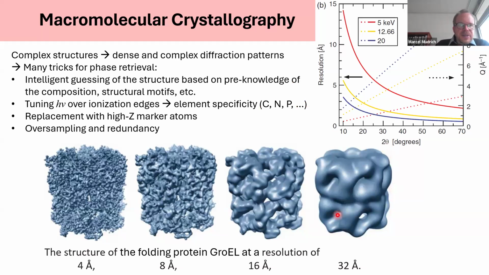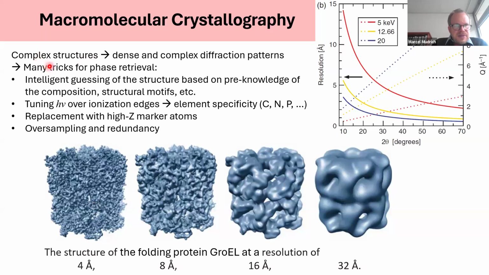Yeah, then for these complex structures like proteins, some parts of the protein have a regular structure, but the overall distribution is certainly not like a monocrystal. Then this produces very complex scattering patterns because it's a complex structure.